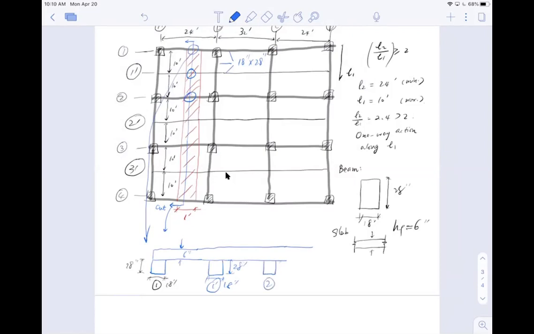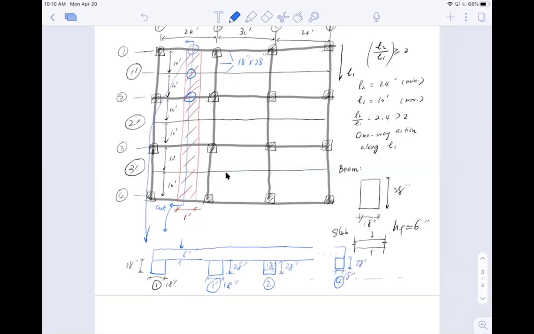It's right here, and this is 28, this is 18. This drawing goes on and on until you meet the end of it, where you have 4, and this is 18, this is 28. So that's the structure.